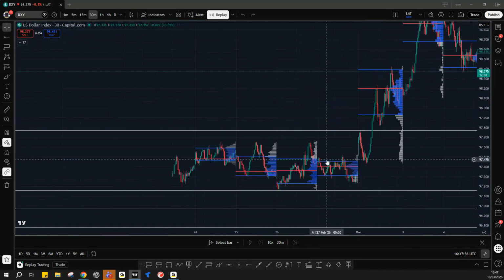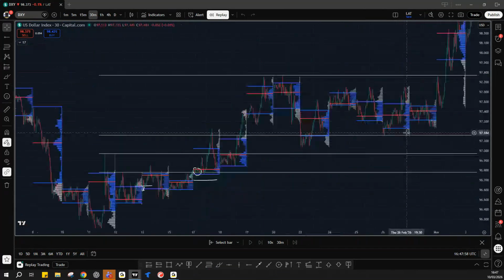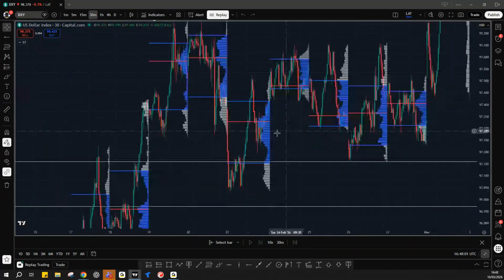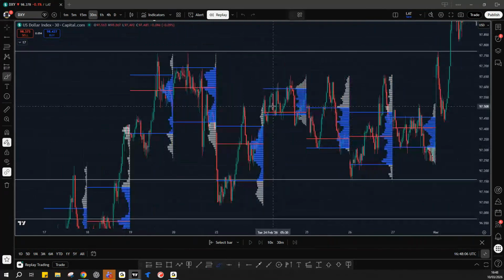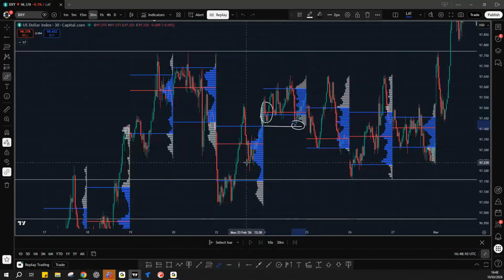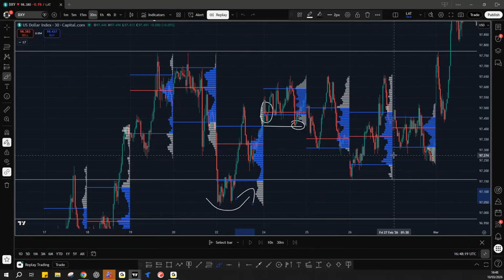We've come into our level around here. We then get our following day open above the previous day's value area high, and we could look to maybe take the entry on this. So we're using a combination of our higher time frame bounce and area of interest, and then an intraday profile set up to give us the actual trade entry.